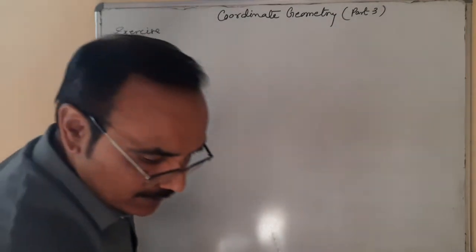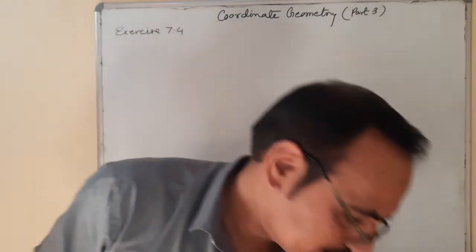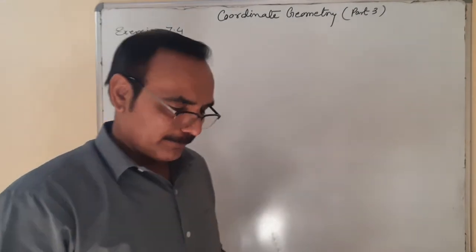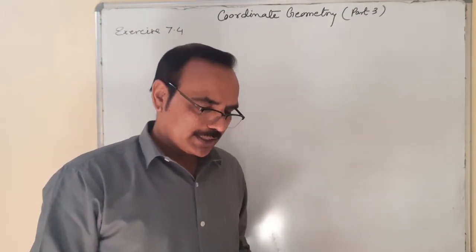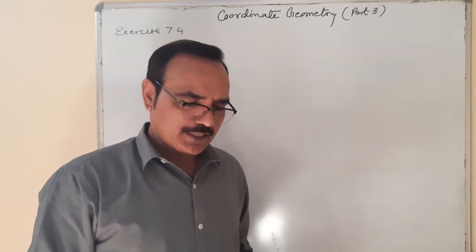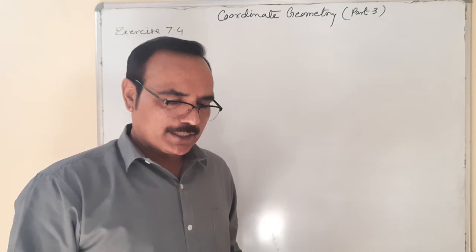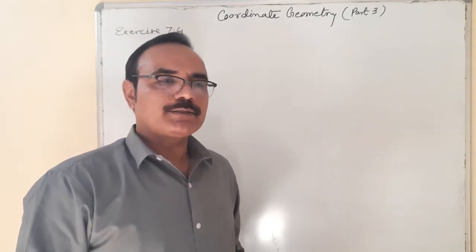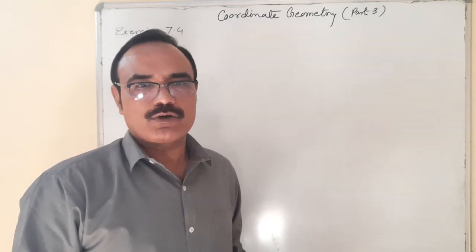Exercise 7.4. The third question is: find the center of the circle passing through the points 6, minus 6, 3, minus 7 and 3, 3. On the circumference of the circle there are 3 points, and you know that the distance from the center to the points lying on the circumference is always equal.